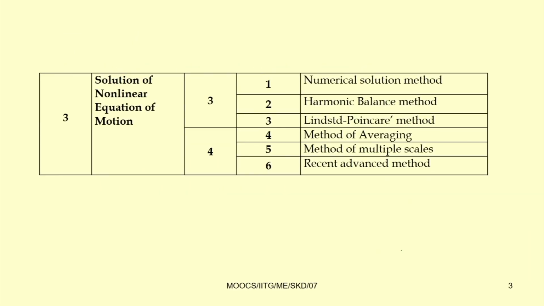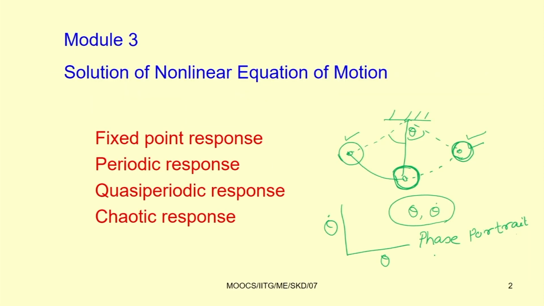These phase portraits can be plotted to show the flow of the motion, or how the motion takes place with time. One can plot theta versus t, how theta is changing with time. Similarly, one can plot theta dot versus time also. Combining theta and theta dot, one can plot theta versus theta dot, and that is known as the phase portrait.